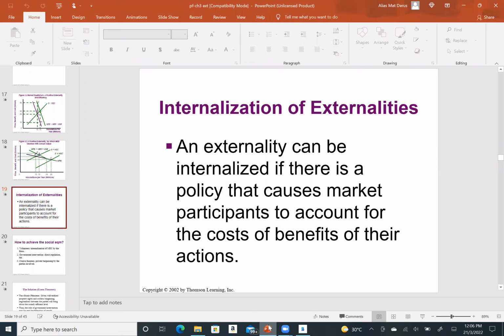So that the external cost and the external benefit will be taken into account. All right.